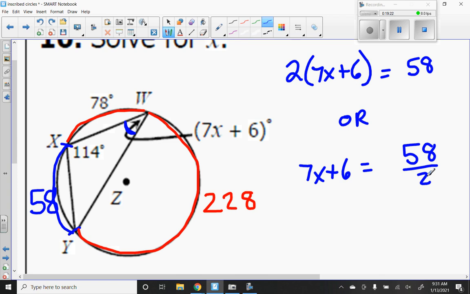There's your two equations. So that puzzle was kind of tough. Just know, the first thing you want to try is figure out what the arc is and figure out what the angle associated with it is. So I found that 58, and then I could start creating the equation.